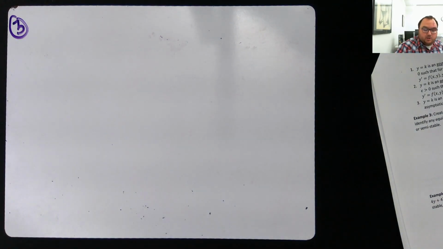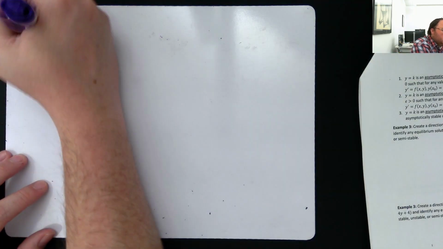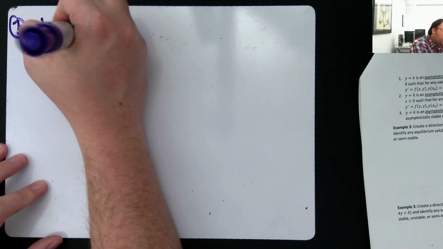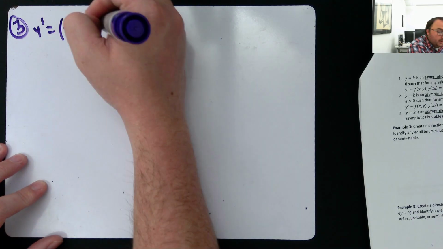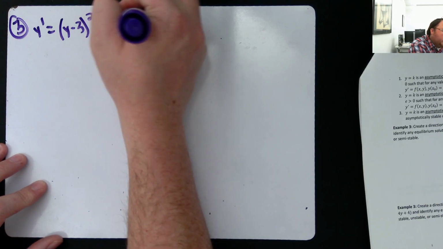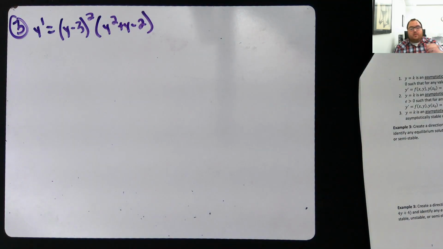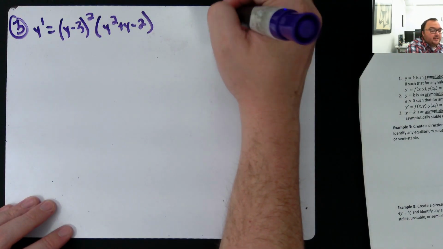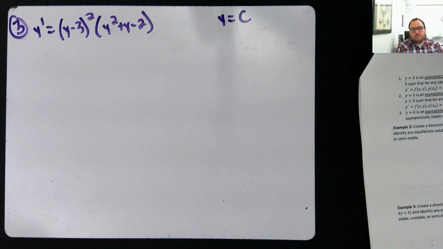Example number 3. The differential equation was y prime equals y minus 3 squared times y squared plus y minus 2. So remember, the equilibrium solutions are where y is equal to a constant, right?